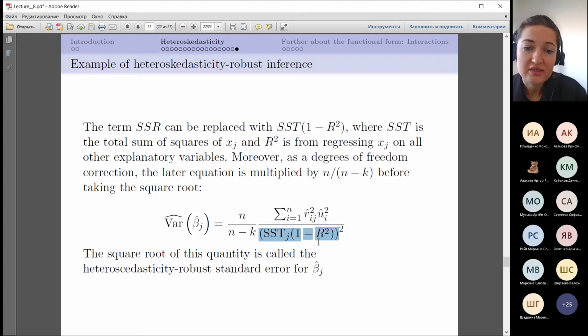We discussed this formula last time. So this is the formula. This is how you can estimate the heteroskedasticity robust inference through the heteroskedasticity robust variance and robust standard error. And that's all.